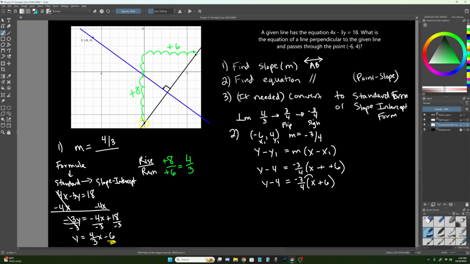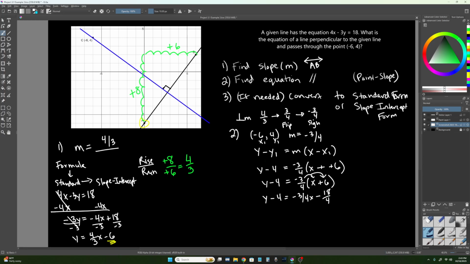When I have that, I need to distribute that negative 3/4 onto both of those things there. And so I get y minus 4 is equal to negative 3/4 x, and then 3/4 times 6 essentially comes out to minus 18 over 4.